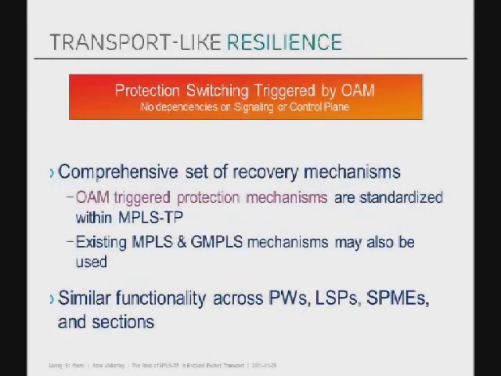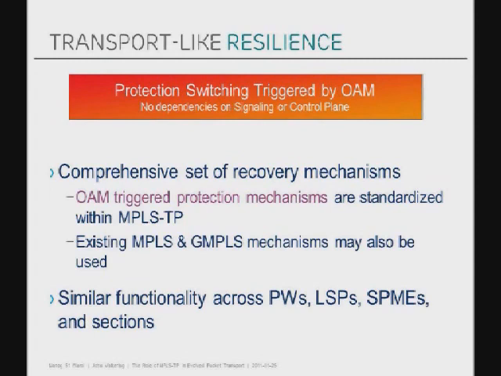So the protection switching, as mentioned, we are sending OAM packets between the two endpoints in order to figure out whether the endpoint is still there. So if the endpoint is no longer receiving a response to the OAM request, then basically the protection switching or the restoration capabilities can be triggered.